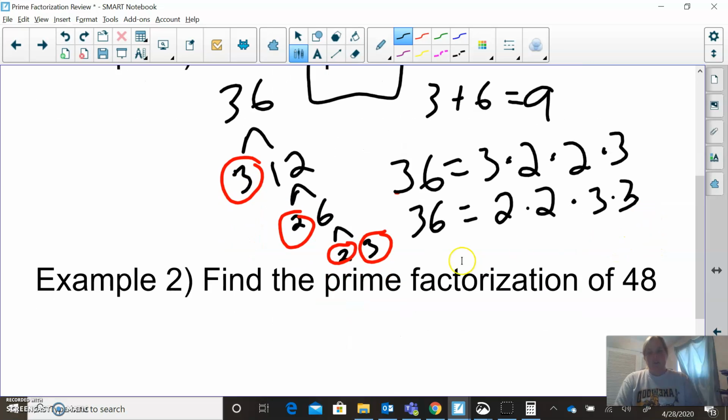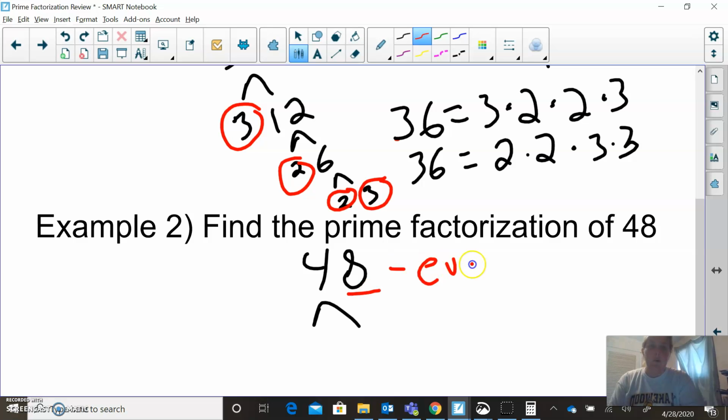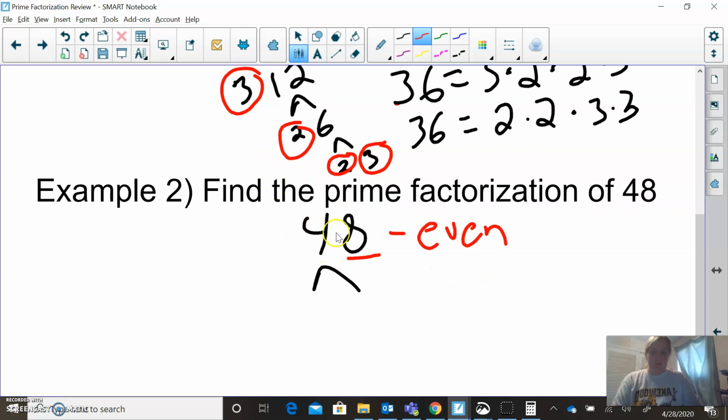All right, let's do one more. Let's try 48. So let's try the prime factorization of 48. So like I said, we're going to draw our little factor tree, 48. Now, 8 is even, so 48 is even. So that means there's something that we can multiply by 2 to get to 48.